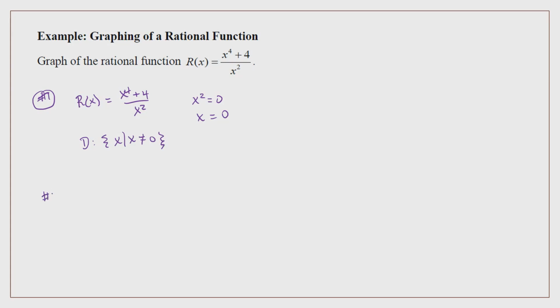Number 2, we want to write r in lowest terms. There are no common factors in the numerator and denominator. So r of x is in lowest terms.